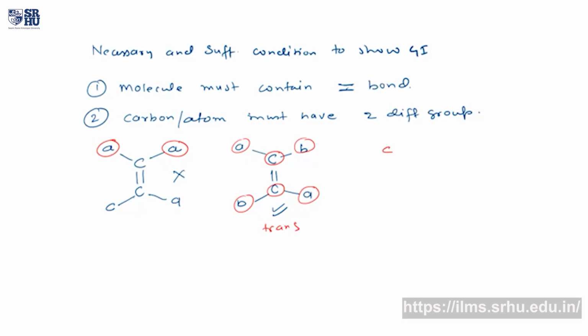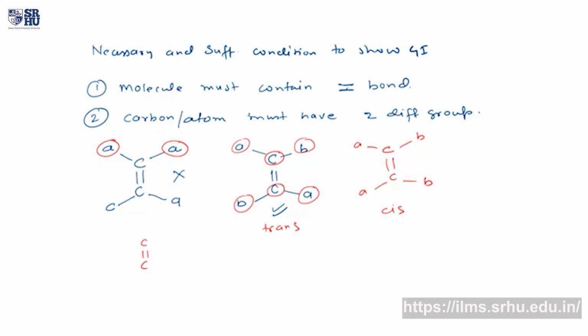Now this can also show geometrical isomerism. C double bond C, this is A, this is B, and this is A, this is B. This is our cis form. Now, one more thing to understand: can this show geometrical isomerism?